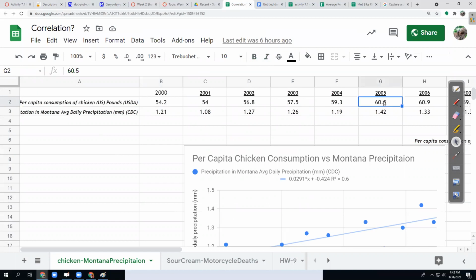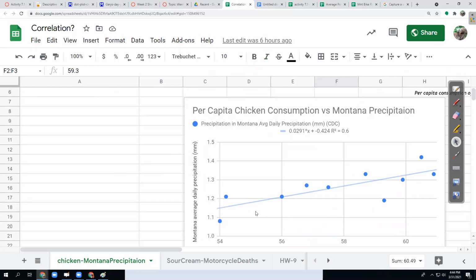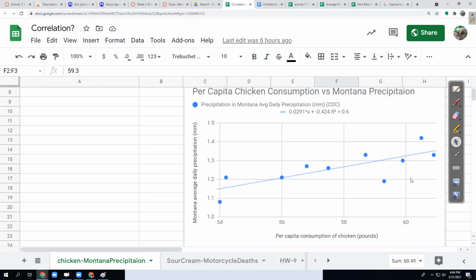In 2005, the average person ate around 60 pounds of chicken per year in the US. Now, I also have the average daily precipitation in Montana. And if we graph these two sets of data together, just looking at the chicken consumption and the rain in Montana, these points kind of line up. So what I have here is correlation, that as chicken consumption rises, Montana gets more rain.